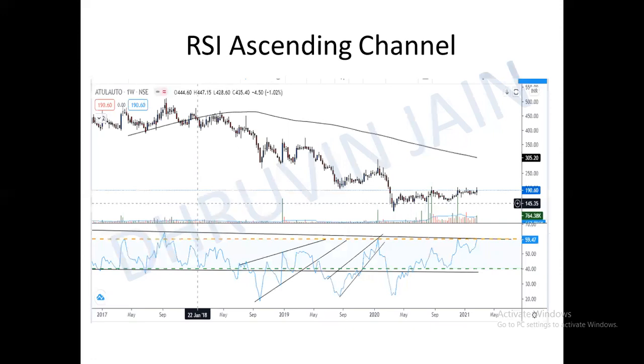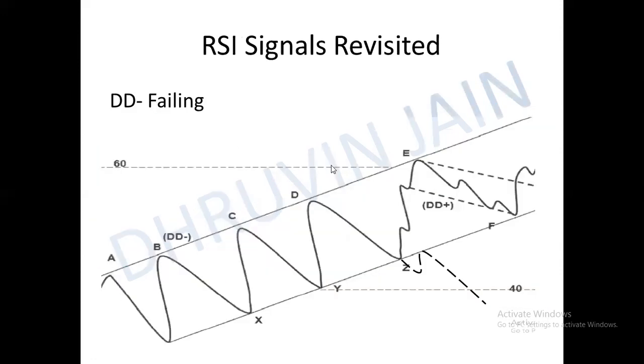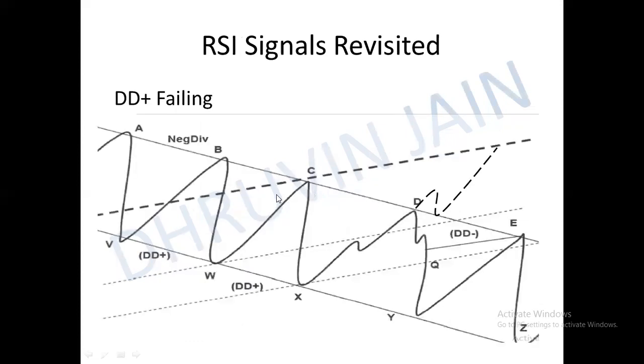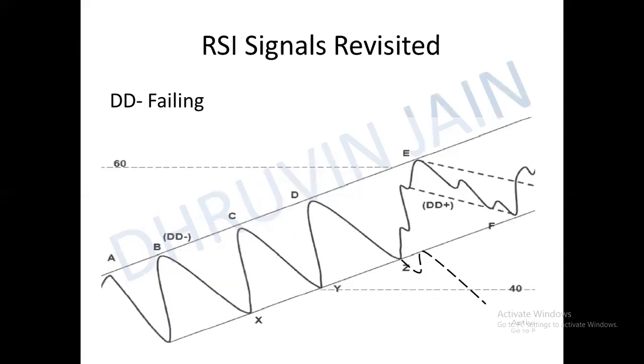Okay. So, RSI signals revisited in an ascending channel. This is just the reverse of the descending channel RSI signals revisited. So what would have occurred in the ascending channel? Price was making successive lower highs and lower lows, and at some point price could have consolidated.